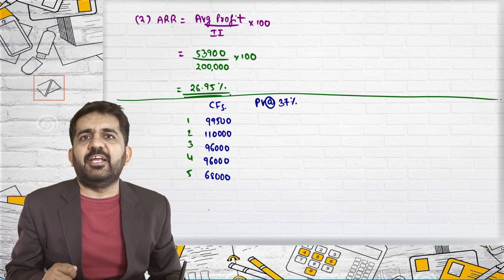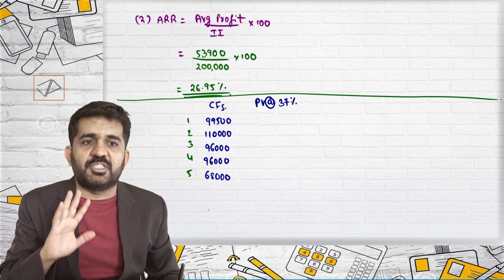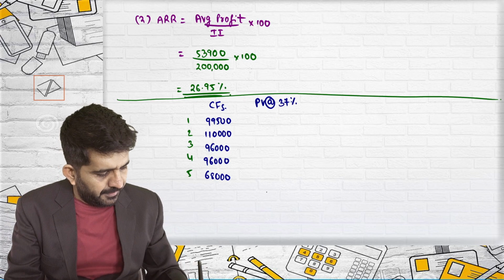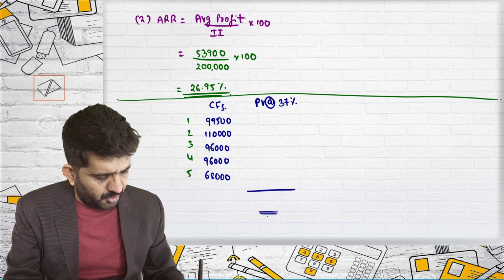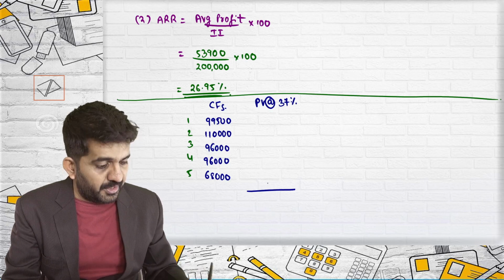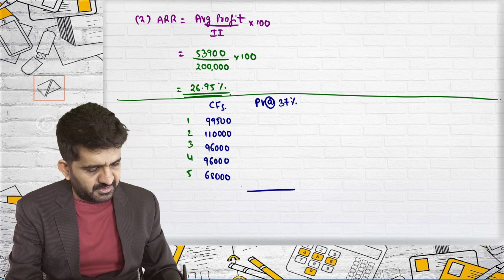Why am I directly trying it at 37%? Because the sum is giving me a hint. Now you can use M plus concept, right? Now you don't need your payback period, so you can use your M plus concept.